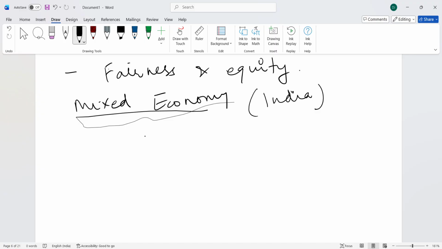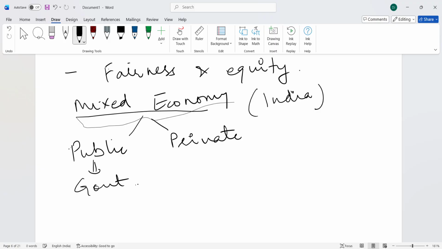It has what we call public private partnership, which basically means that a part is controlled by the government and a part is open for private ownership as well.